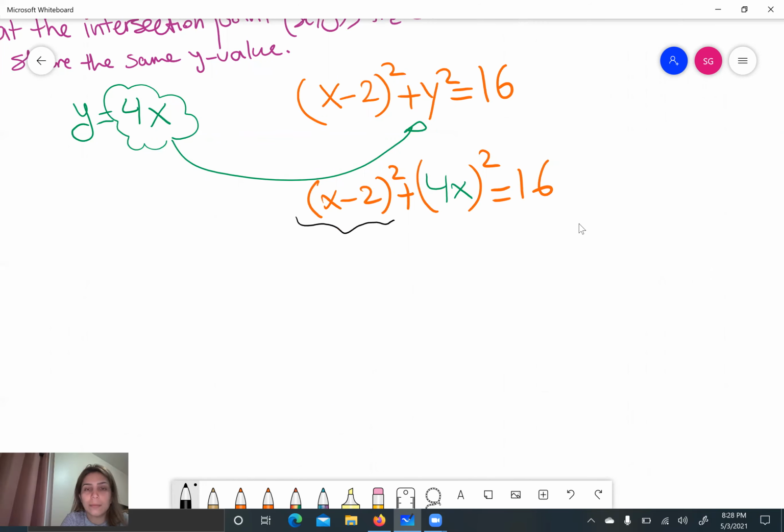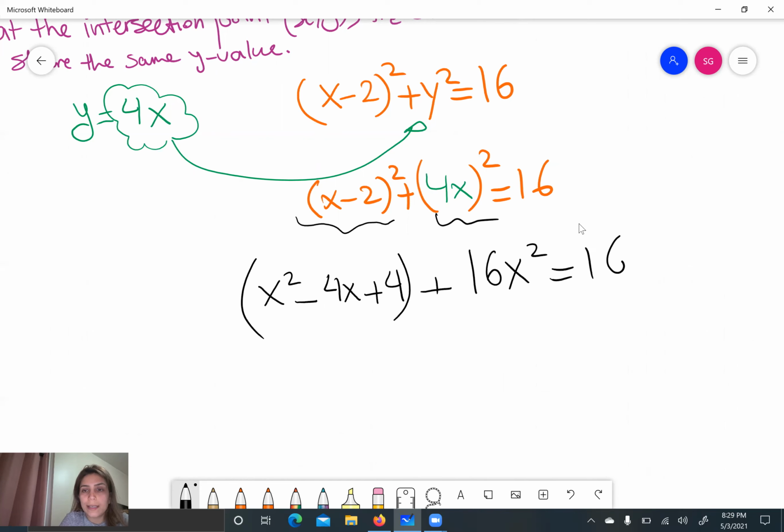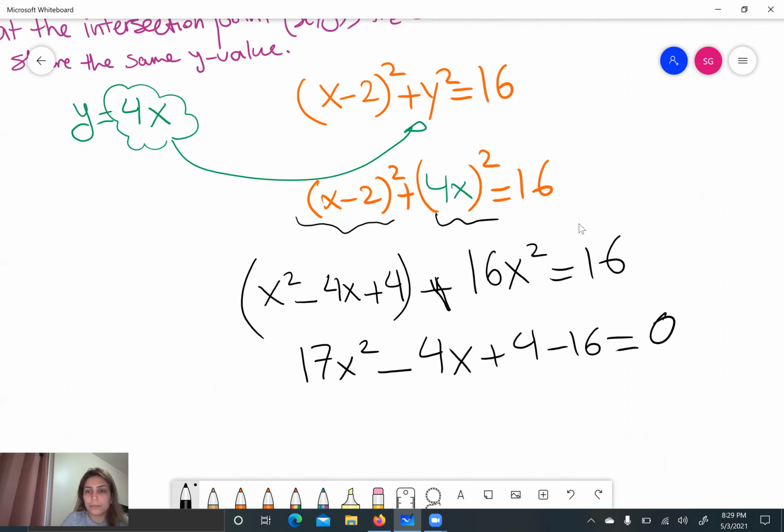This is going to be x squared minus 4x plus 4, plus 16x squared equals 16. Now let's simplify. x squared plus 16x squared gives me 17x squared minus 4x plus 4 minus 16 equals 0. This is just algebra.